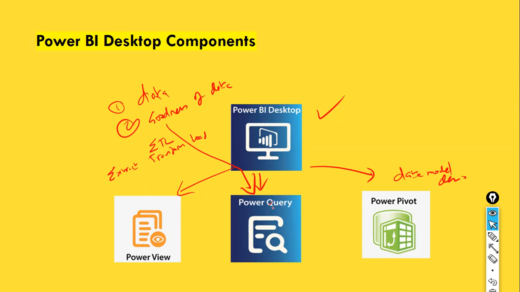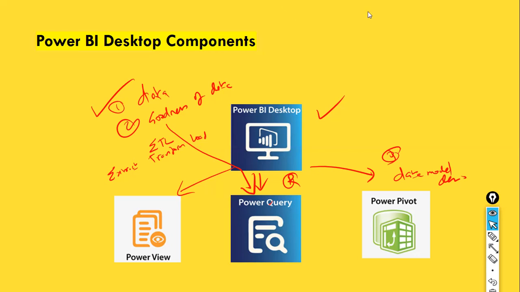Once your data is pre-processed, the next one is step three, data model design. See, step one is this, step two is this, and step three is data model design. When it comes to Power BI Desktop, you have to do the data model design. This is very specific to Power BI Desktop.